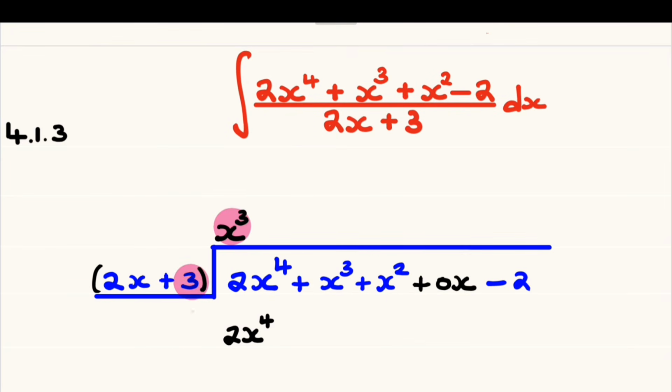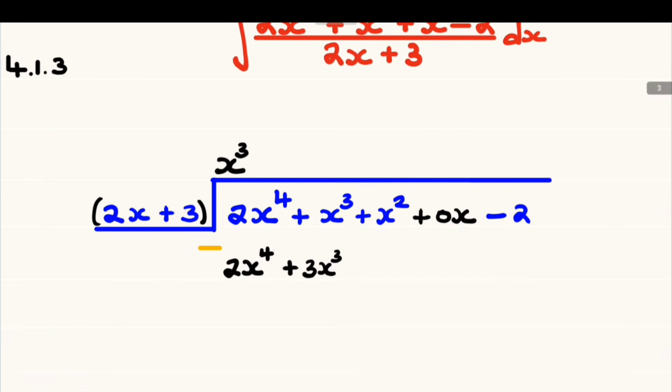X cubed multiplied by 3 will be equal to 3x cubed. And now we subtract: 2x to the power 4 minus 2x to the power 4 will be 0, and x cubed minus 3x cubed will be equal to negative 2x cubed.